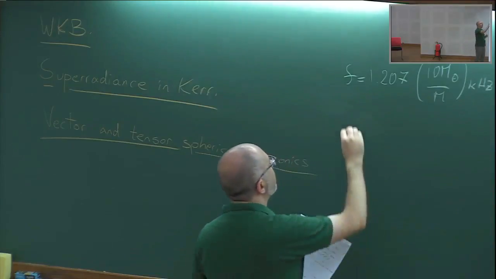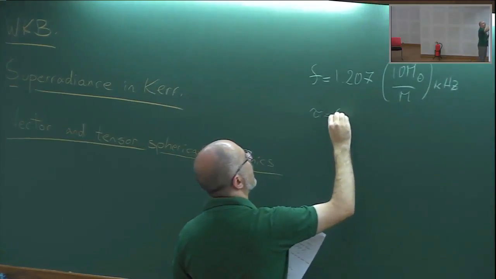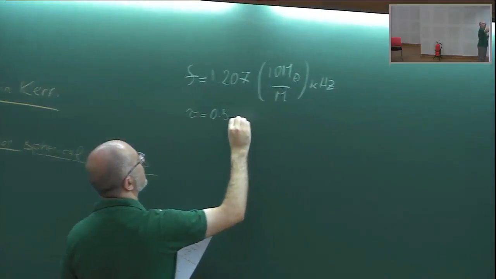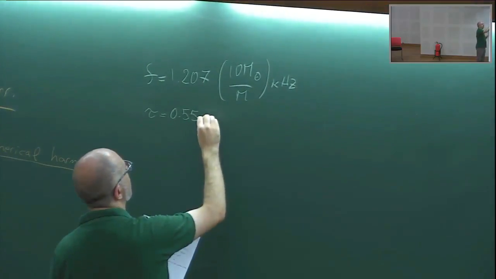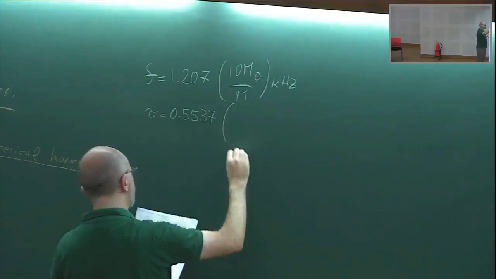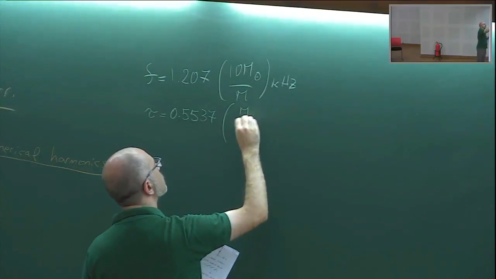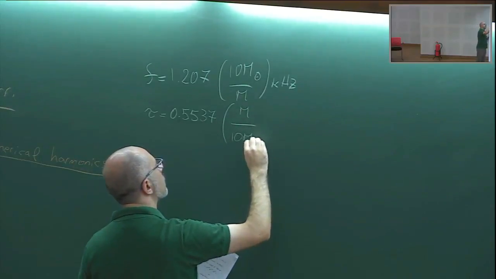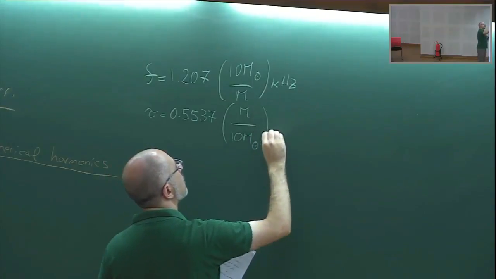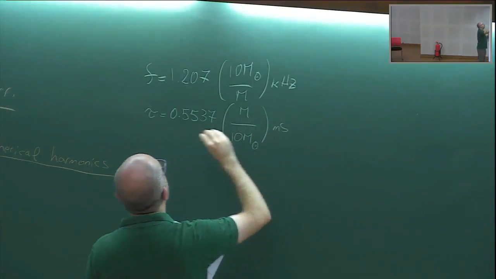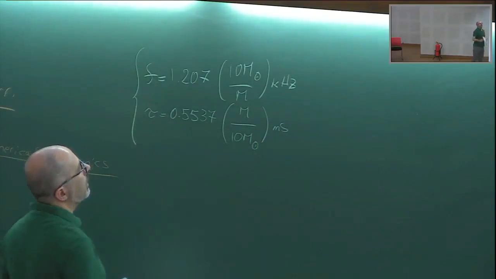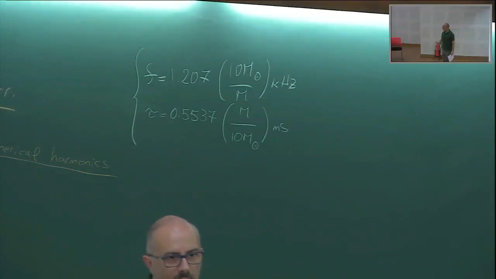And the damping time is something like half a millisecond for a 10 solar mass black hole. So this is a result that we found using the continued fraction technique.